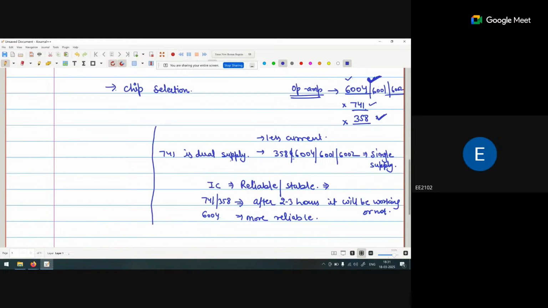Now, along with that, if we go with the simulation only, you can simulate your experiment 1, 2 with the 741, with the 358, with the 6004, any IC, any operation amplifier. The output is almost the same, because in the simulation part there is no limitation.